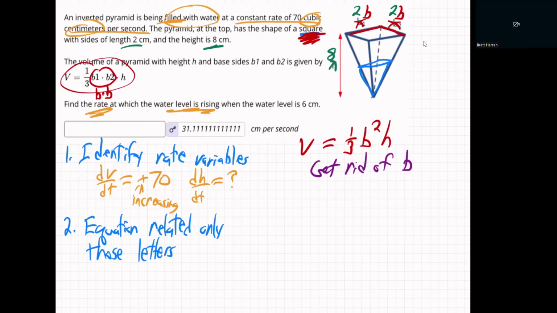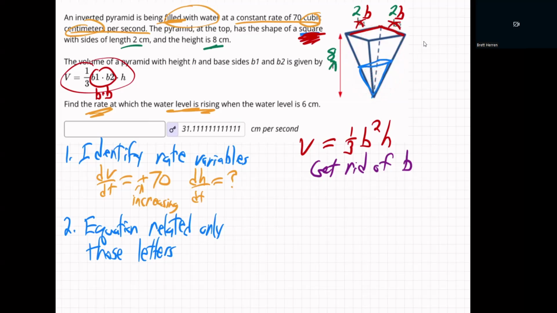Okay, well, what we can do is this ratio, because the water that's filling up is going to be a small version of the entire shape, right? Do you see that this water filled up here is going to be a little bitty pyramid of water and it fits in the overall pyramid? So we can do similar shapes.